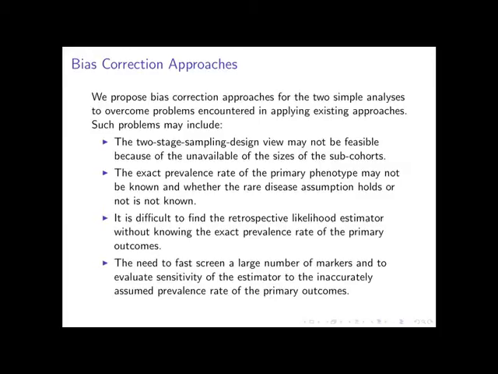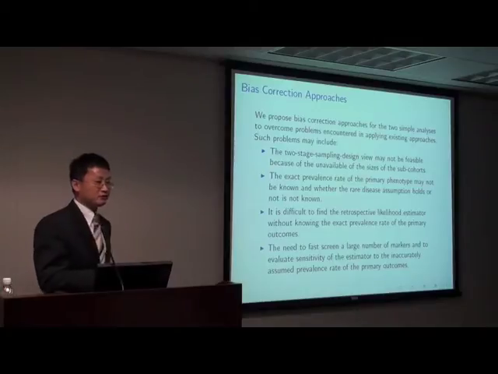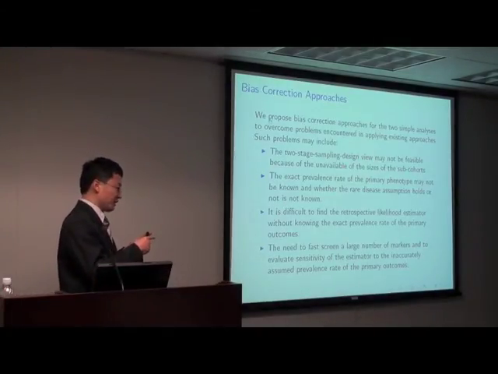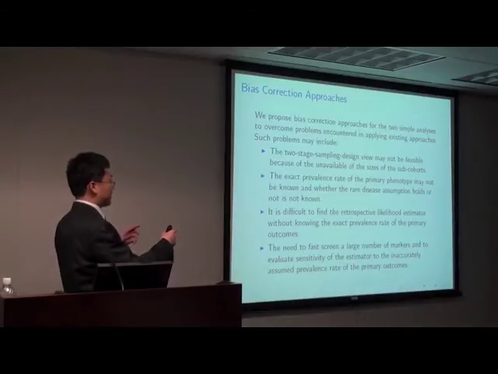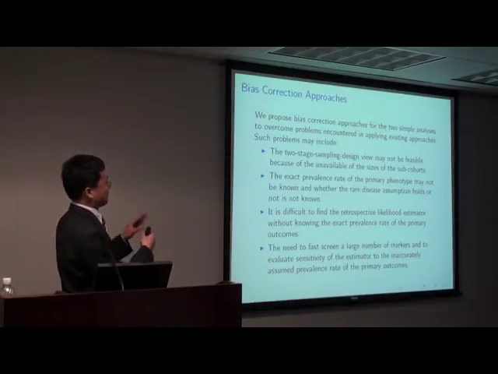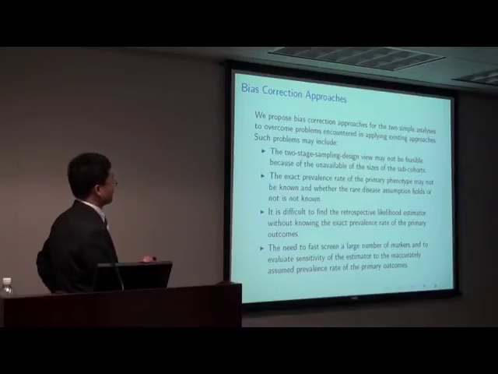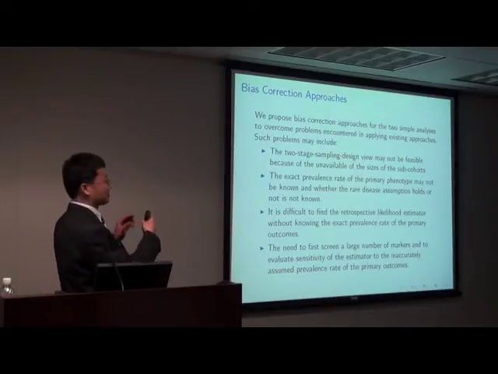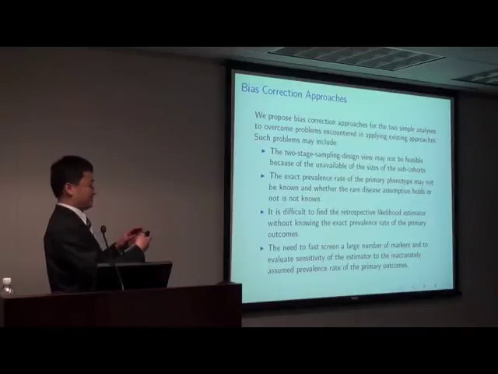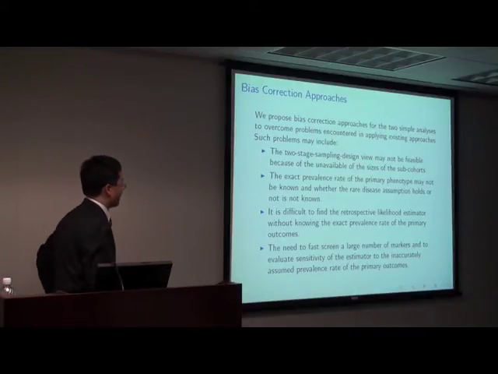So our proposal here is to do a bias correction, based on two simple analyses. Remember, if you do the conditional analysis, then we can supplement it with another conditional analysis, and then combine those results together to get a bias correction. If you do the marginal analysis, we can also supplement it with another conditional analysis, and then combine the results together to get a correction.